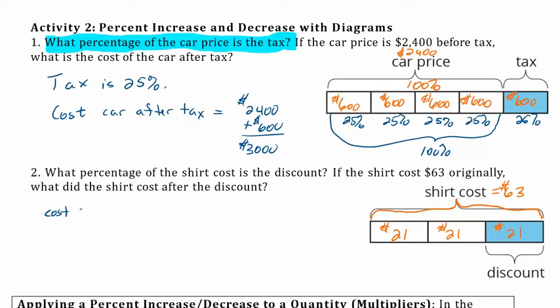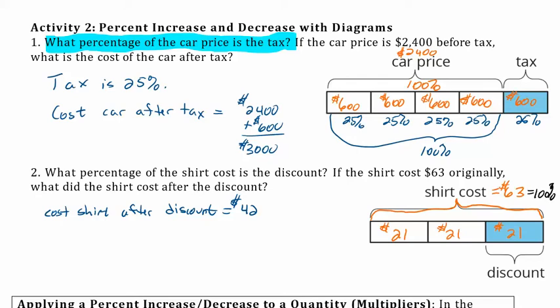So the cost of the shirt after discount is $42. There we go. Now what about the percent? Again, remember the whole shirt cost is 100% before the discount. All 3 of these blocks represent 100%.